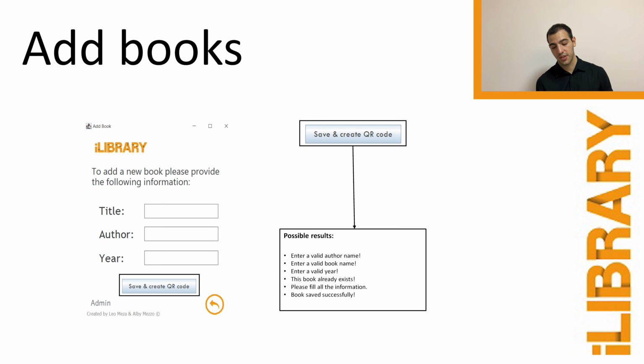Then, of course, if we already saved the book, we are gonna have the result that this book already exists. And then, of course, we're gonna also have a book saved successfully if this book was not saved before, and if all the input data are correct.